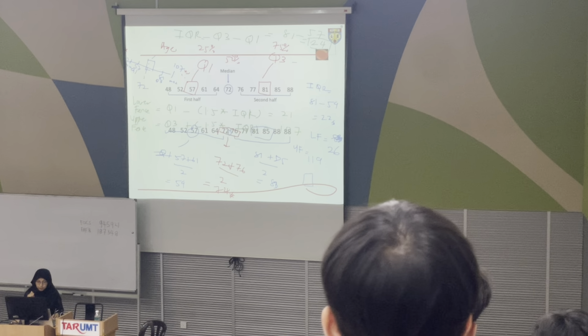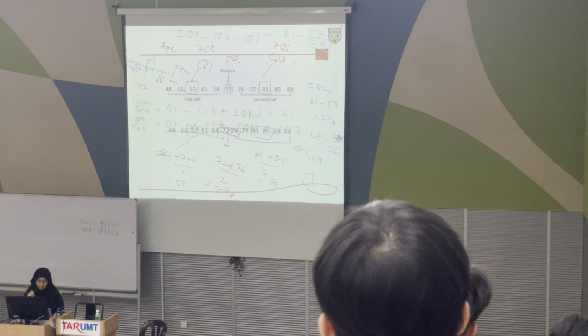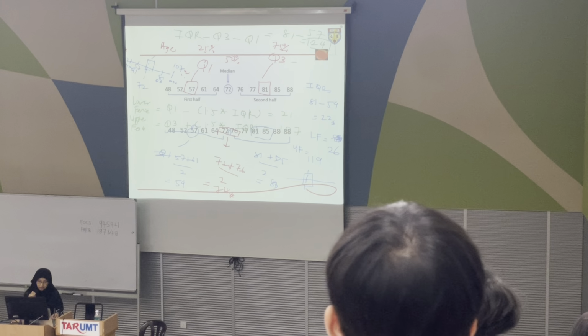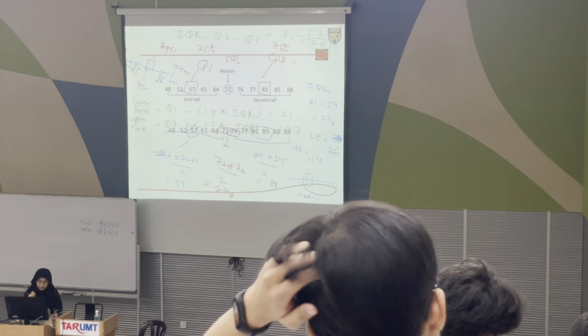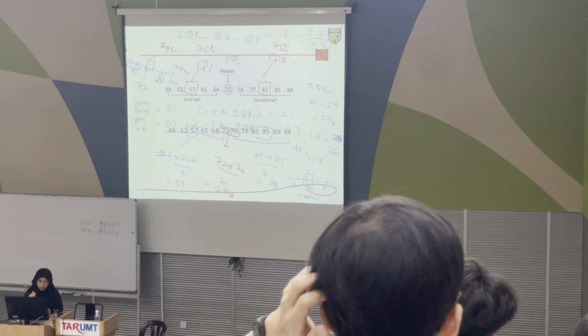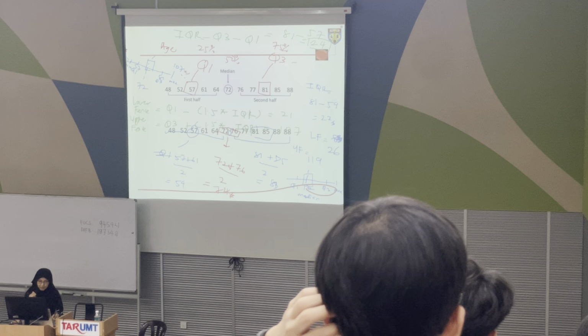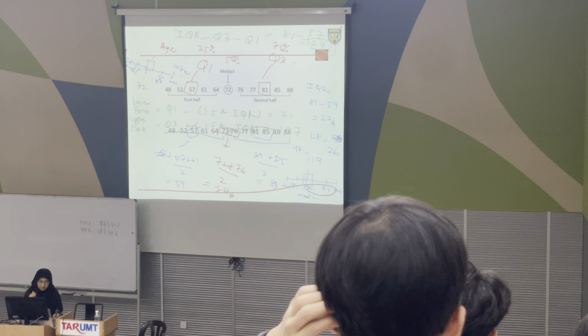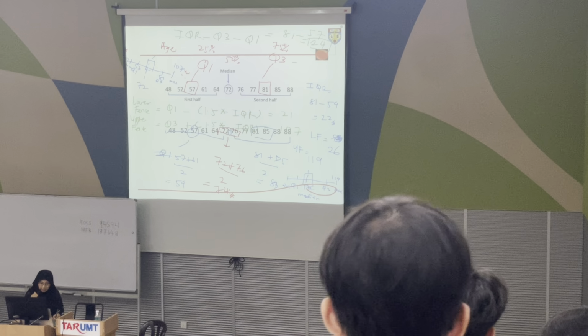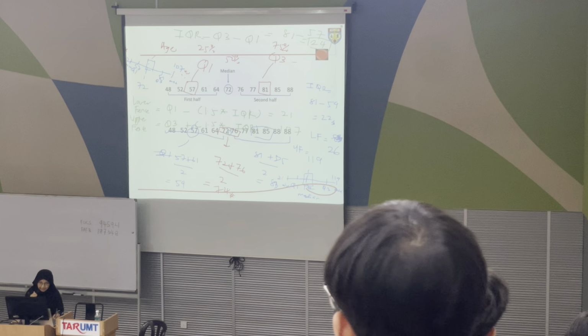So of course you need to have your box here, and then you must label the median. The median value is 72, and then Q1, Q3, maximum, and also minimum values. The maximum value is 119, and the minimum value is 26.